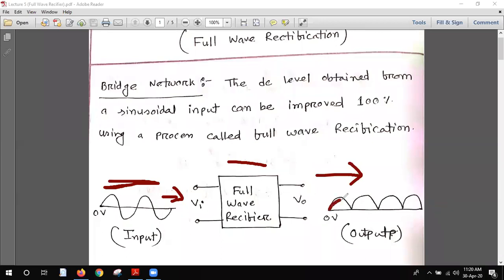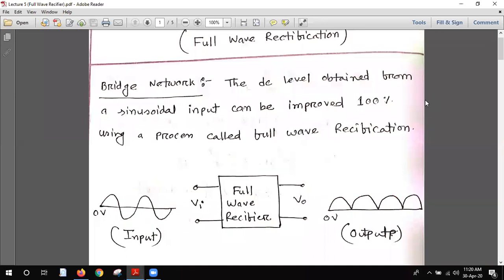This is the first positive half cycle, and this is also the negative half cycle, but everything will be on the positive side in the full wave rectifier output. Both the positive cycle and the negative cycle will be in the output, whereas in the half wave it was only the half cycle. That is the difference between half wave rectifier and full wave rectifier.